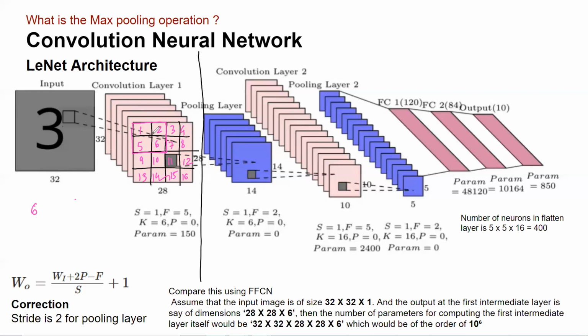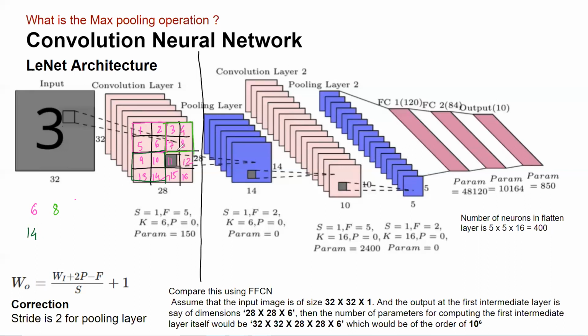After that, since I said that I'll be taking a stride of 2, I'll be putting my box here. I'll be taking the highest value. Then I'll put my box here, take the highest value.